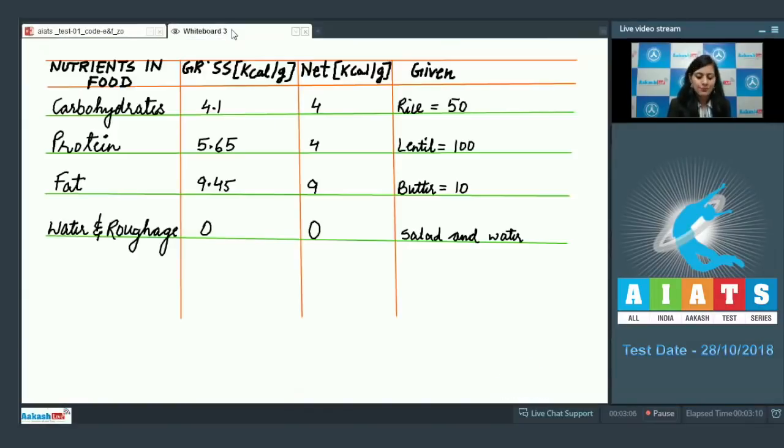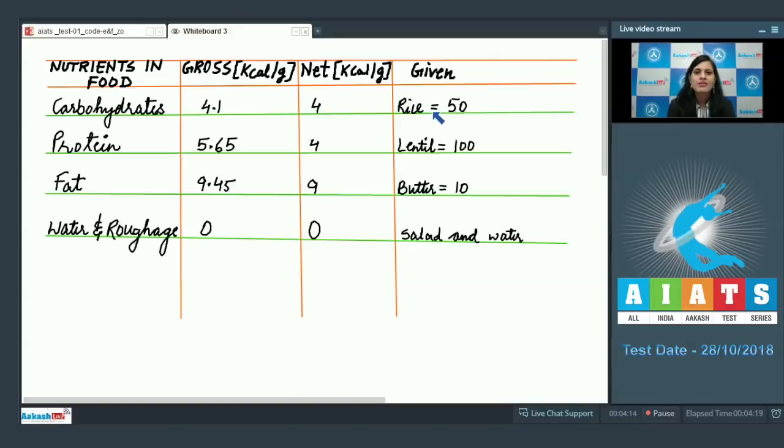For this question, let's calculate the values. The nutrients in foods like carbohydrates, proteins, fats, water and roughage have gross values like 4.1 kilocalorie per gram for carbohydrates, 5.65 kilocalorie per gram for protein, 9.45 kilocalorie per gram for fat. And similarly, the net values are 4, 4 and 9 for carbohydrate, protein and fat respectively.